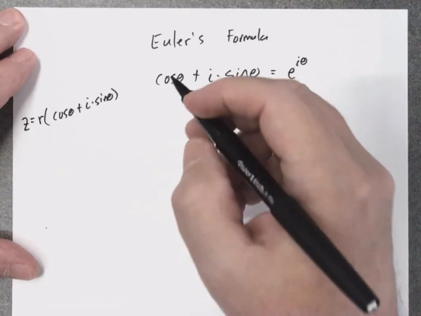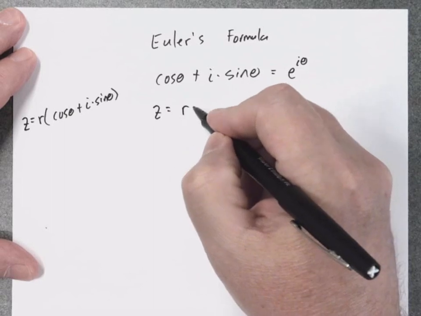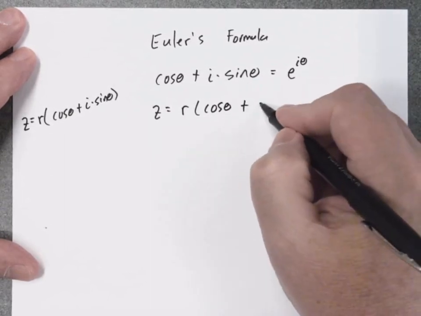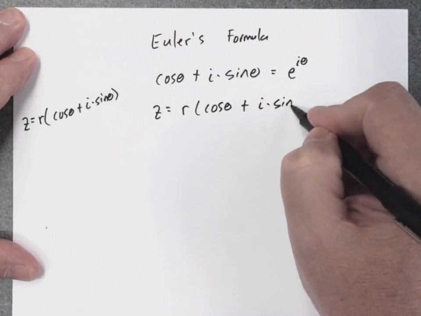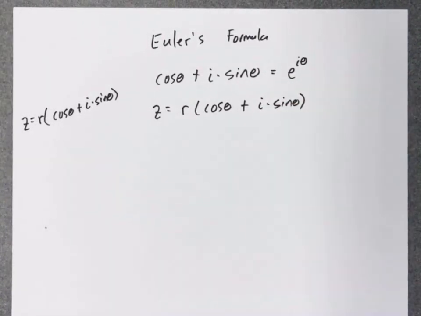This is what we came up with a few minutes ago. The polar coordinate version of a complex number.